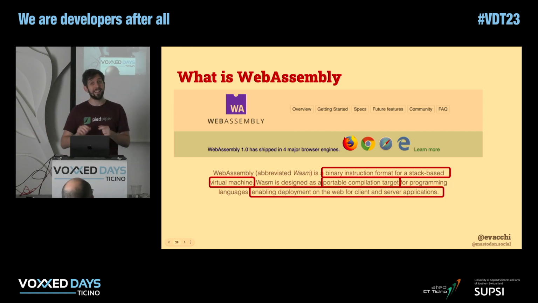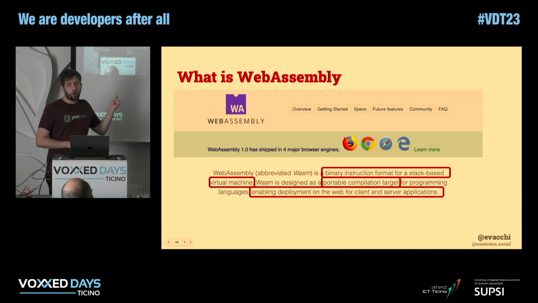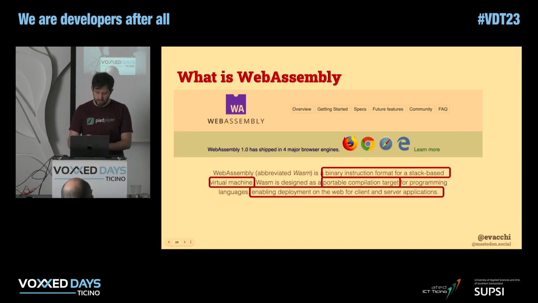And the other key thing that makes it different from Java applets is that the goal is not just to run on the client in a browser, but to be able to run both on the client and on the server. And actually, server-side and backend, since I am a backend programmer myself, is the part that is more interesting to me.